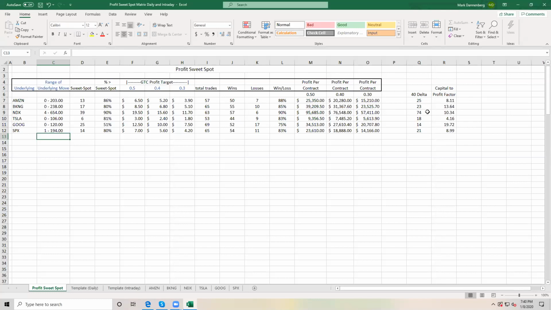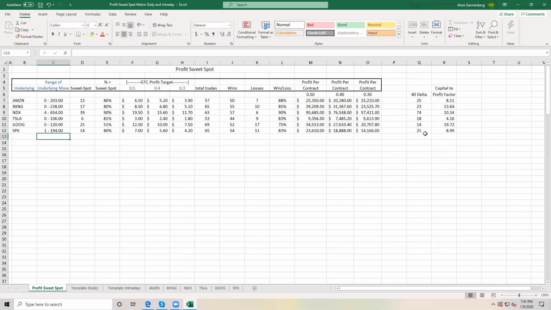But as of right now, I assumed going out 2 weeks for expiration, and I looked at an options chain on each of these stocks and indexes today, and I assumed a 40 delta, so not right at the money, but a little more conservative 40 delta. And so you'd be paying about $25 plus or minus for Amazon, about 23 for bookings, 74 for NASDAQ, it's kind of expensive, about 18 for Tesla, about 14 for Google, and about 21 for SPX.